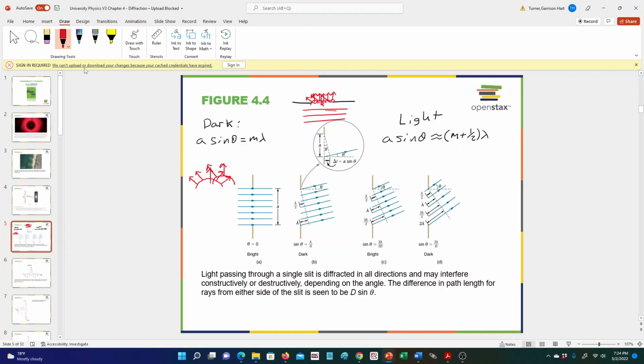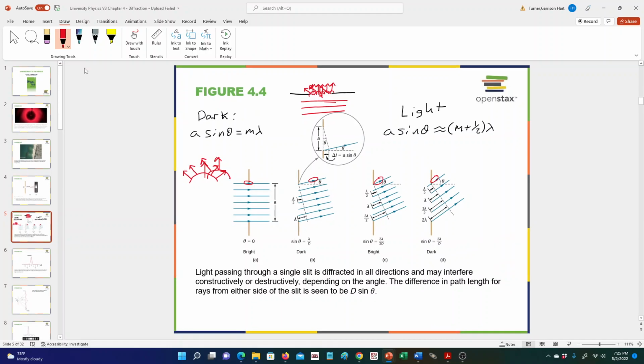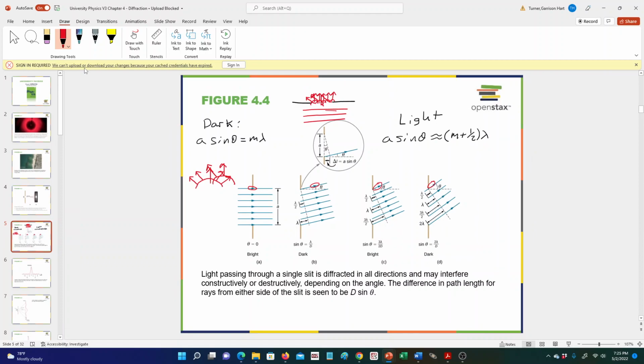So this one and this one can be from the same wavefront, and this one can also be from that same wavefront. So your wavefront has waves pointing in all directions. Each of these represents lines that are coming off of the same wavefront, okay?